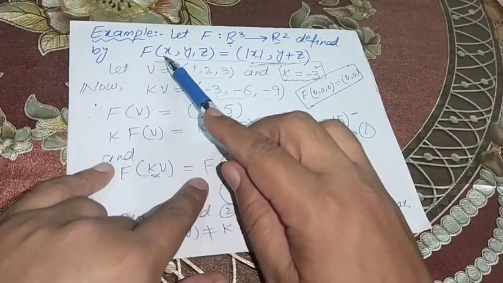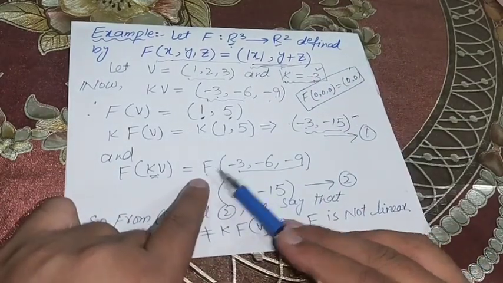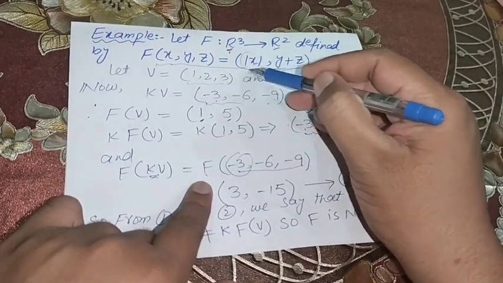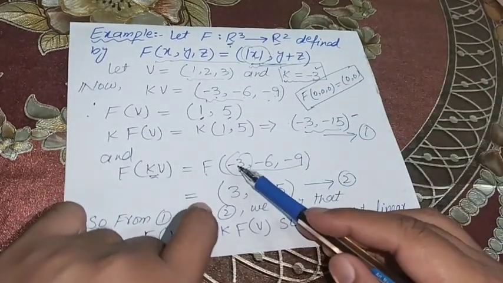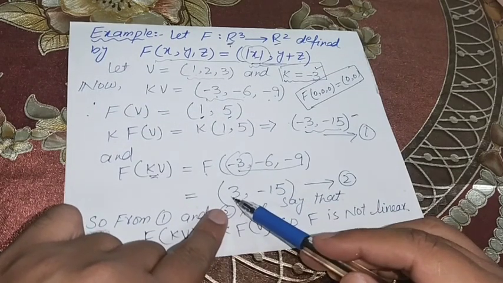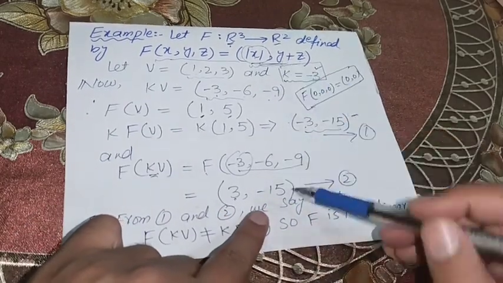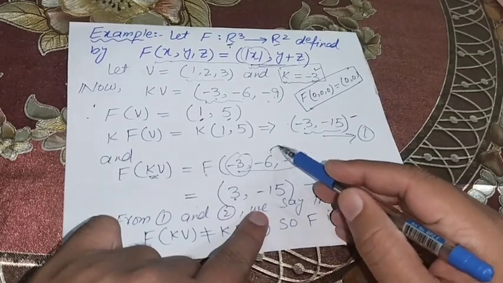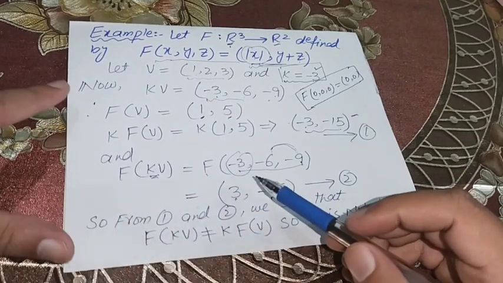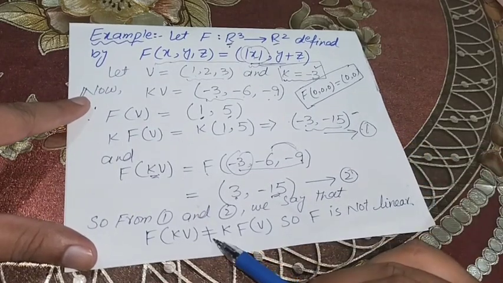When you apply this operator f on these three components, you get (|x|, y + z). You take the mod of the first element, and the mod of -3 is +3, so we obtain +3. In the second component we just add y and z, and when you add -6 and -9, you get -15.